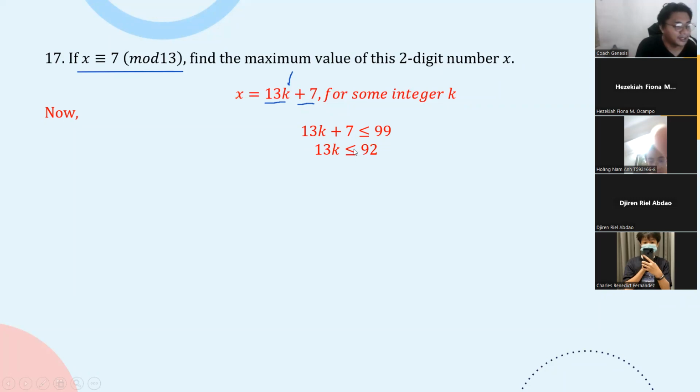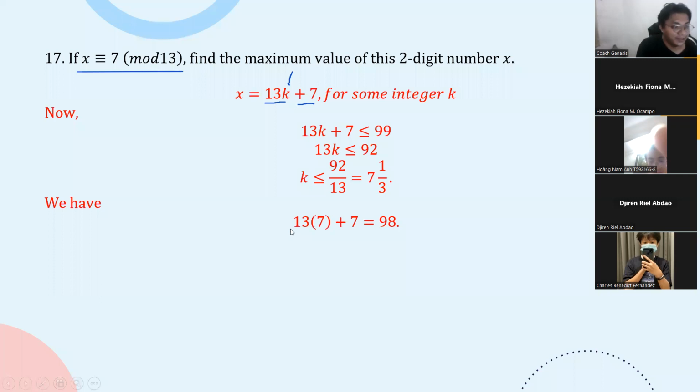So 13k is less than or equal to 92. You just subtract both sides by 7. And then we divide, so k is less than or equal to 92 over 13, which is equal to 7 and 1/3. So what integer is closest to 7 and 1/3 but less than 7 and 1/3? That is 7, so k is equal to 7.